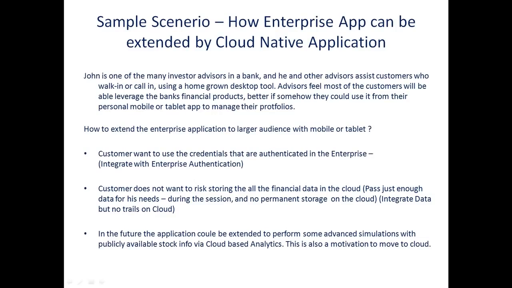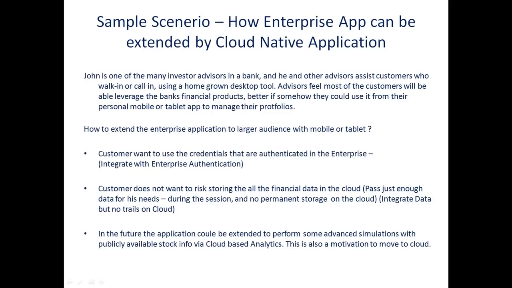Let's say they want to integrate the authentication. They don't want to ship secure information out somewhere to the cloud. They also want to ensure that they don't ship all the data of the customers outside their enterprise. They want to ensure only the minimal information that is needed for the session is sent as needed, and it lives just for the duration of the session, ideally, and so on.